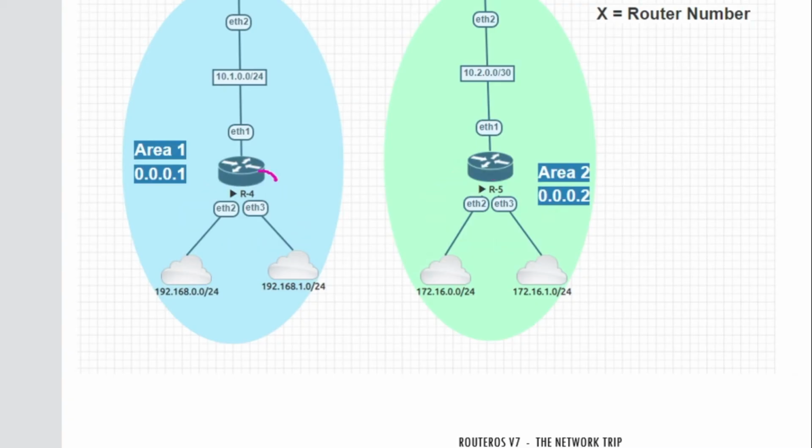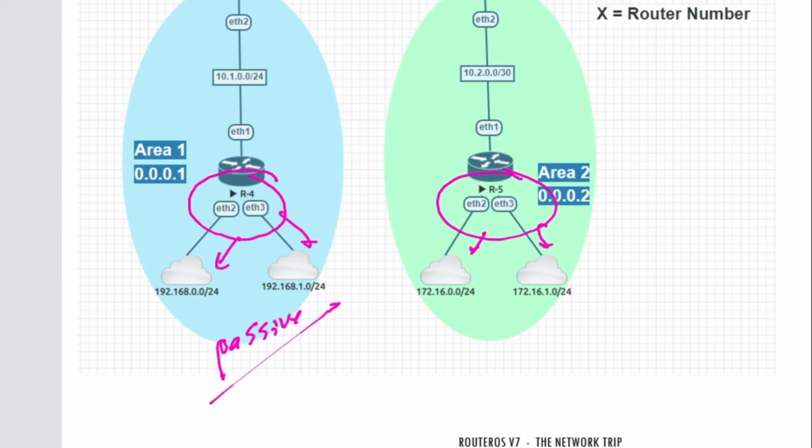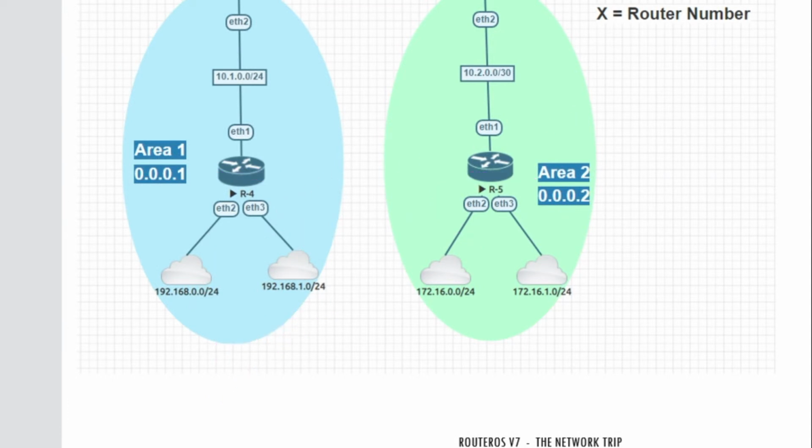But still we are missing the interface 2 and 3 in every router where those local area networks are connected. Those interfaces are going to be passive because we are not expecting neighbors out of those links. So we need a new interface template in R4 and R5.